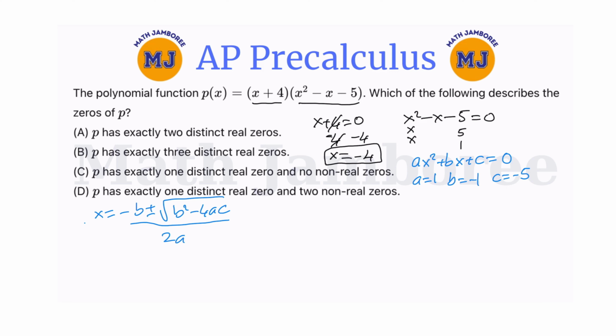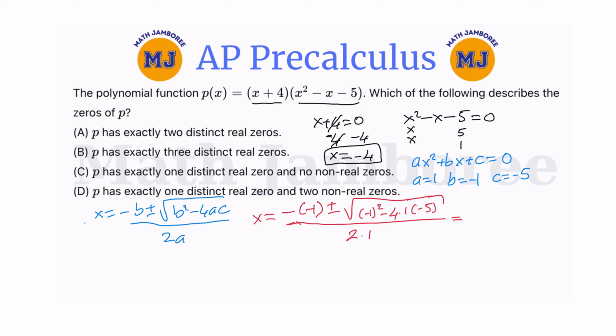So in this case, if I go ahead and substitute the values in, x equals negative negative 1 plus or minus the square root of negative 1 squared minus 4 times 1 times negative 5, divided by 2 times 1.